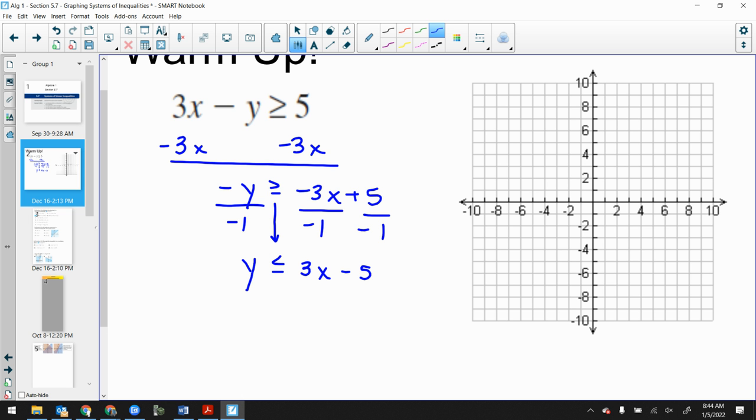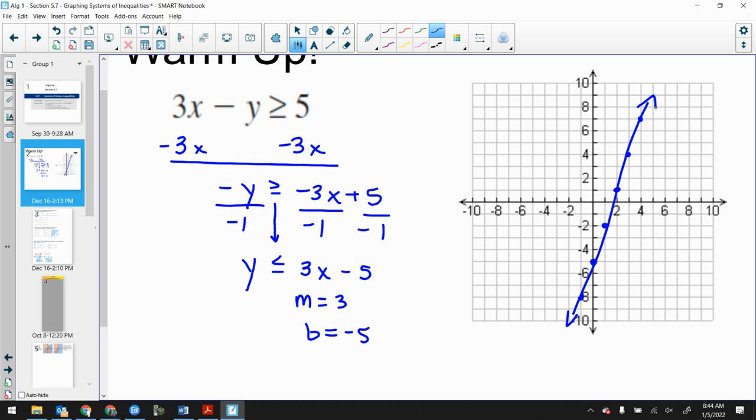Now we graph. M is 3, b is negative 5. And then we say rise 3, run 1. Or down 3, left 1. Should my line be dotted or solid? Solid. Should I shade above or below?